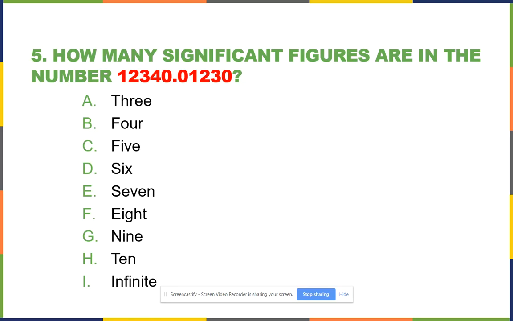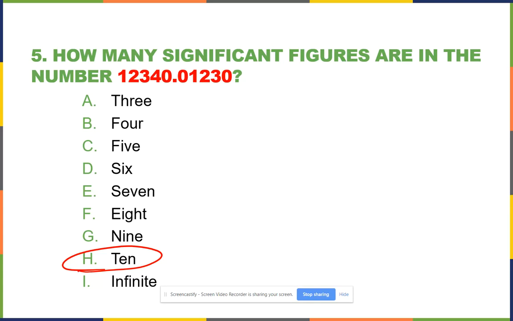Okay, we once again only had 10 out of 13 answer, but all 10 answered correctly. 10. What are the rules for identifying what's significant and what's not significant? What's the first simple rule? Okay, all non-zeros are significant.